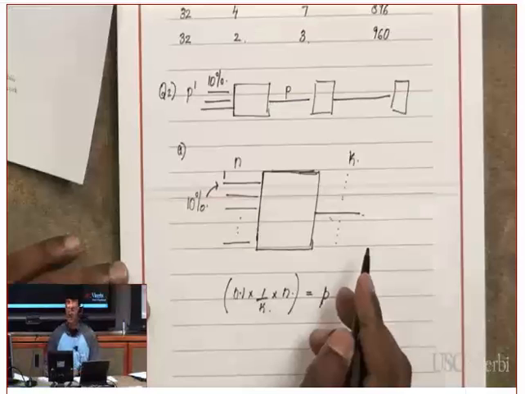And for that path, we know the probability that there is some packet here. So what do you think is the probability that it's not blocked?